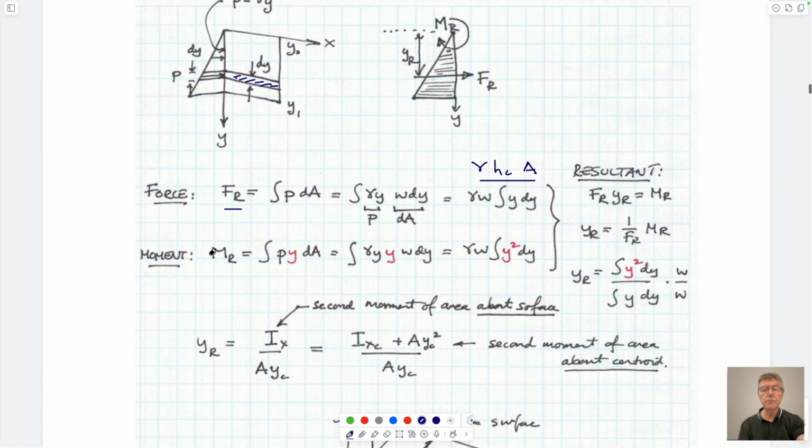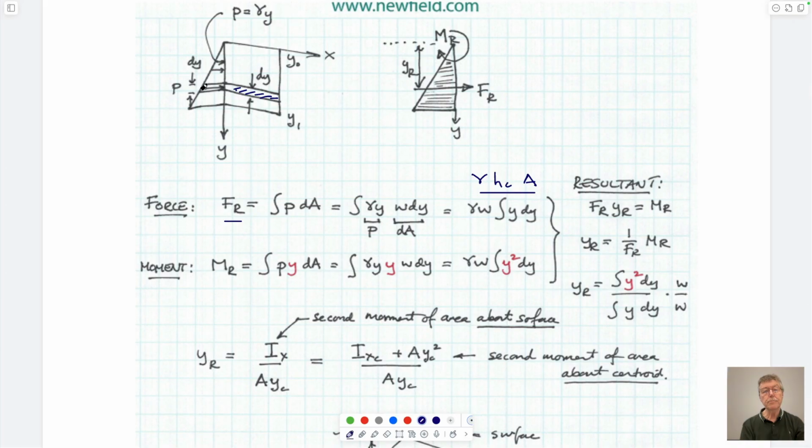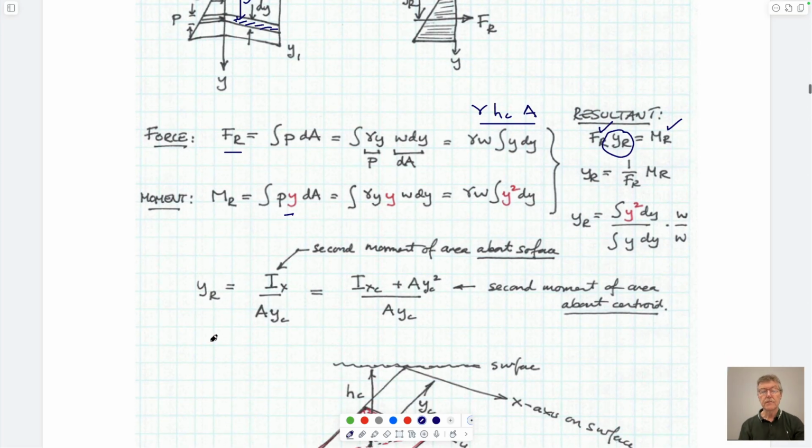We can also write the moment for this distribution by taking the pressure that acts here and multiplying it by the lever arm, which is y, which is this term here. And if we go through this, we get something. So if we take the moments about any place, we could choose the top, and equate it against the resultant force times its location of action. If we know what these moments are and we know what this force is, we can calculate the point of action. And if we do that, then we get this.